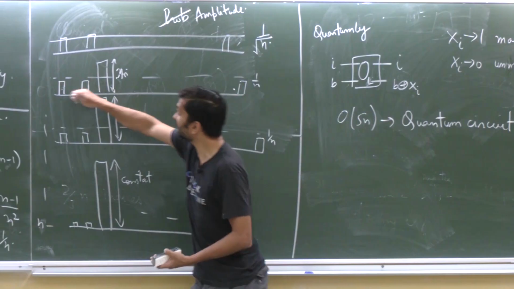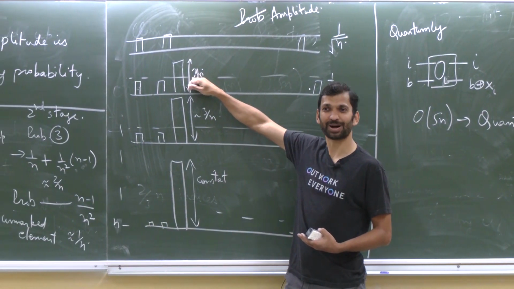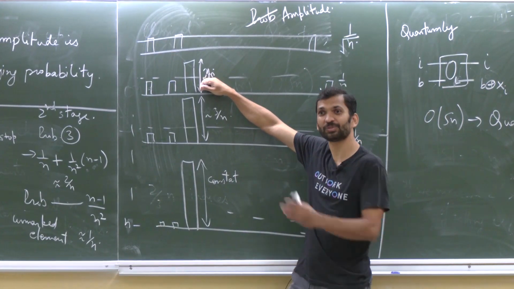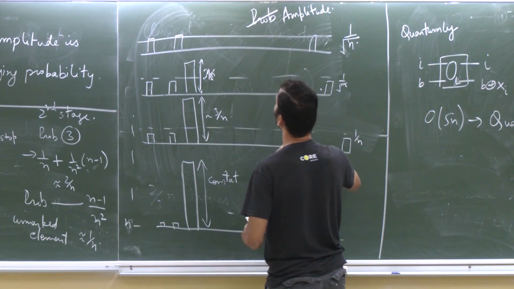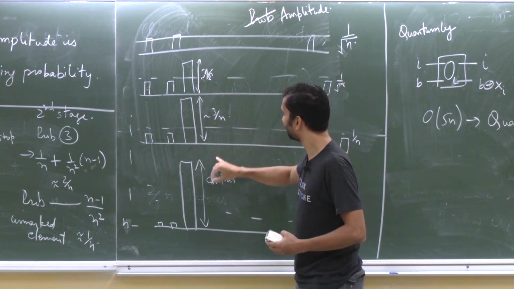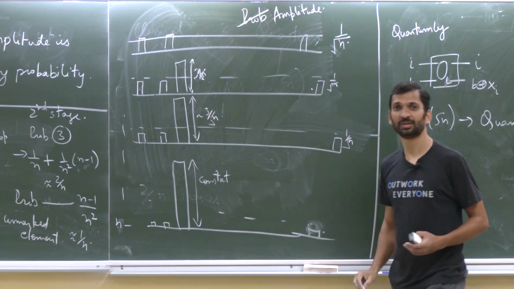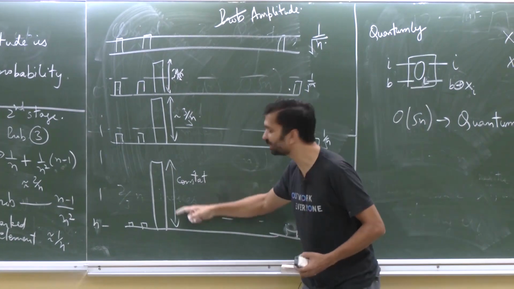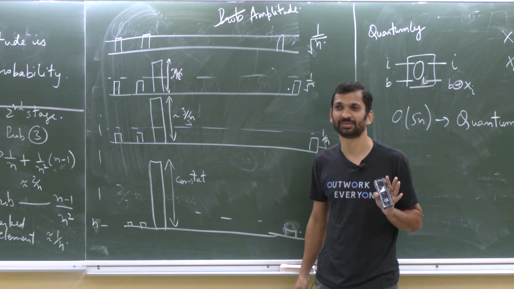I want each of these to contribute some of the amplitude to the marked element. Not the probability, but some of the amplitude to the marked element. And it should become around 2 by root n. Around 3 by root n. In how many steps will it become constant? Around root n.